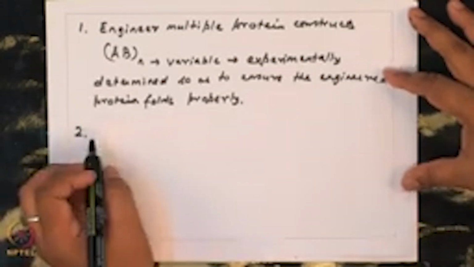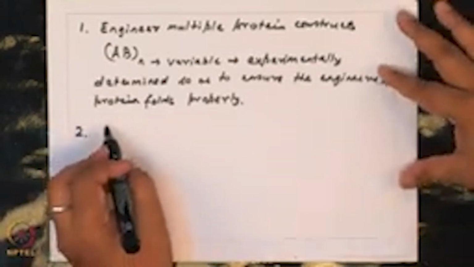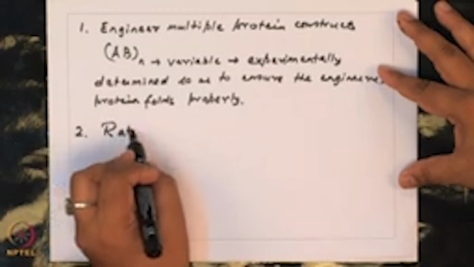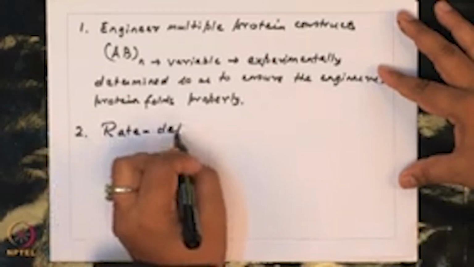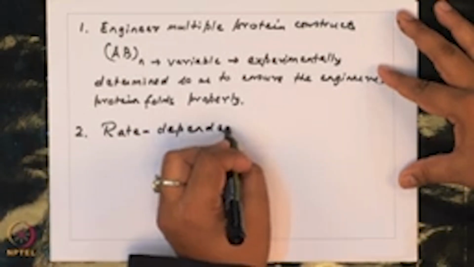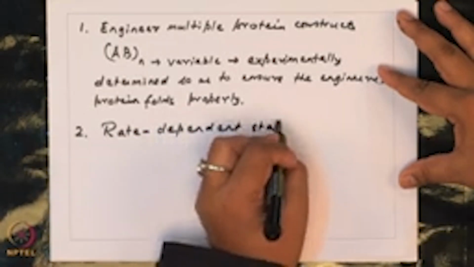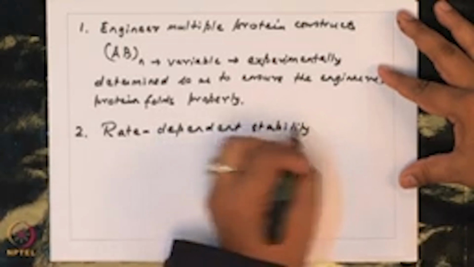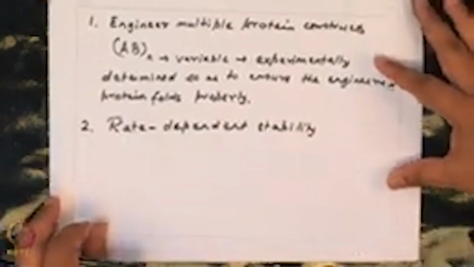One thing I introduced in the last class, and briefly spoke about, is rate dependent stability. What do I mean by rate dependent stability?